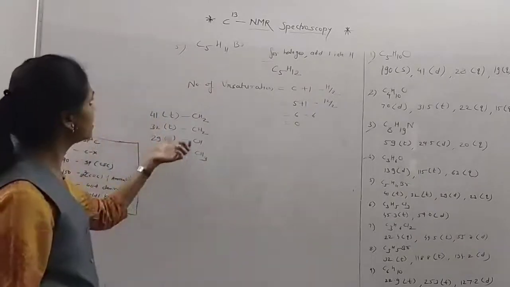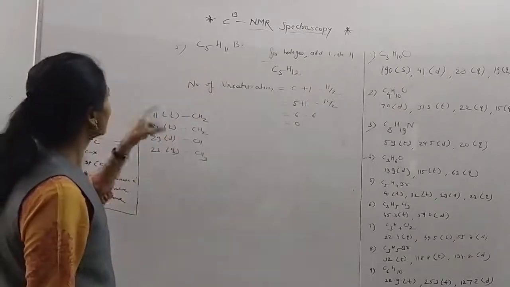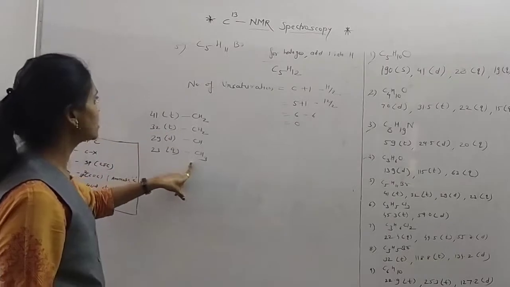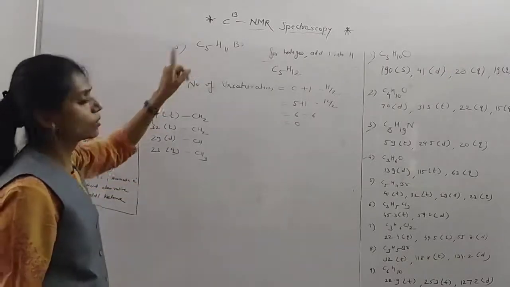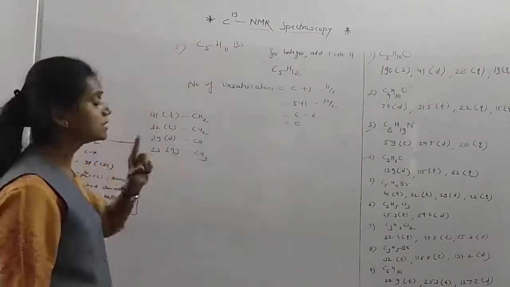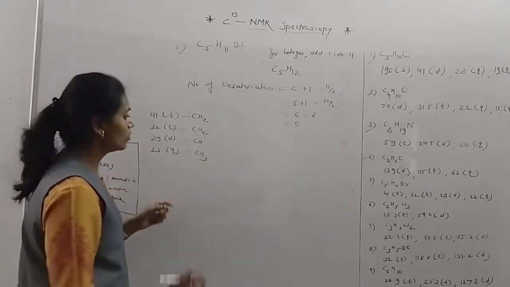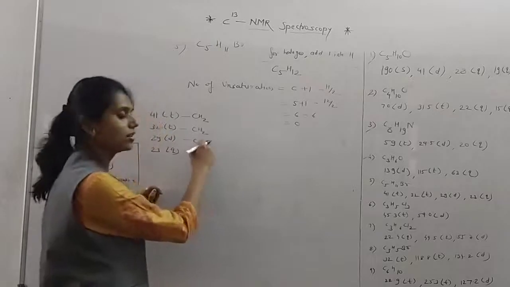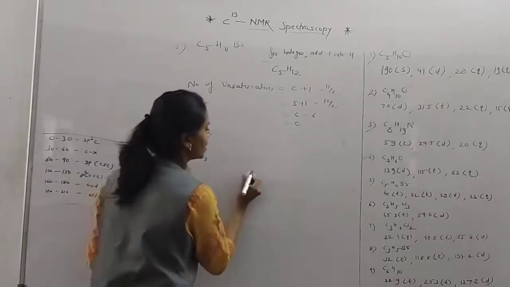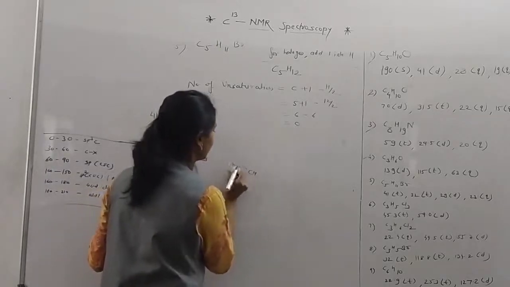It's a very easy one. There are 4 signals and 5 carbon atoms. One group is symmetrical, and mostly CH3 is symmetrical. So I have written it like this.